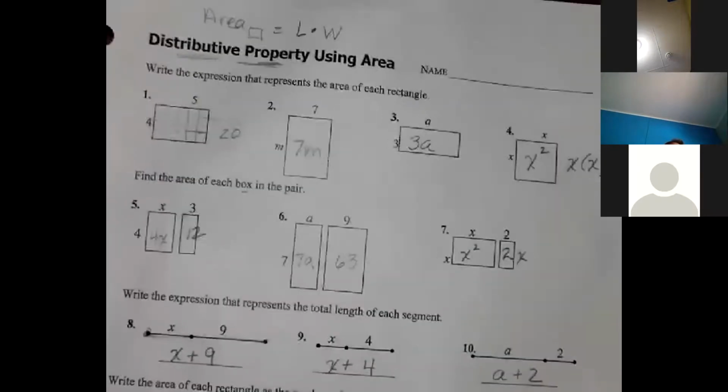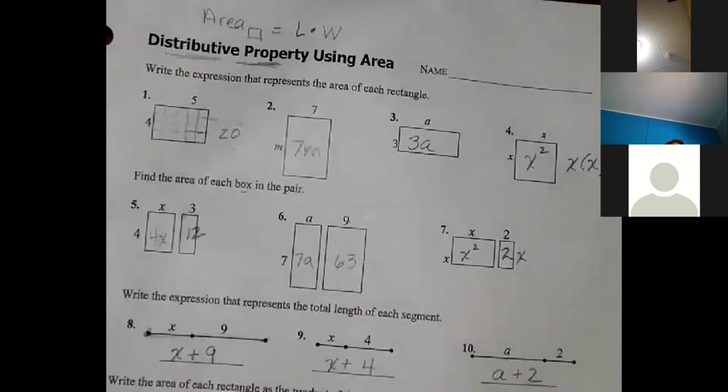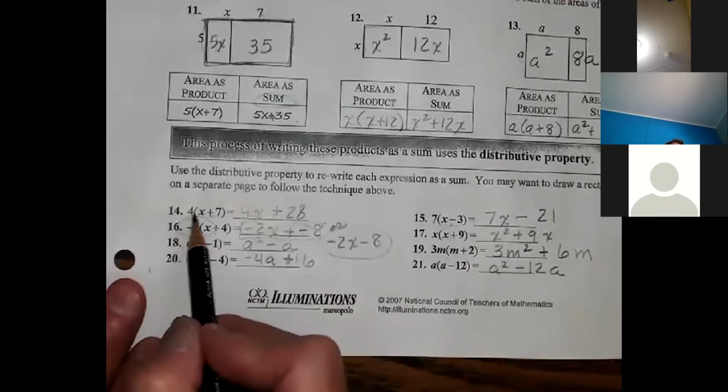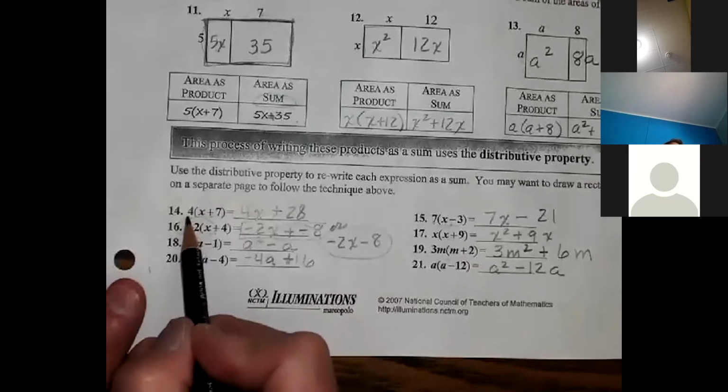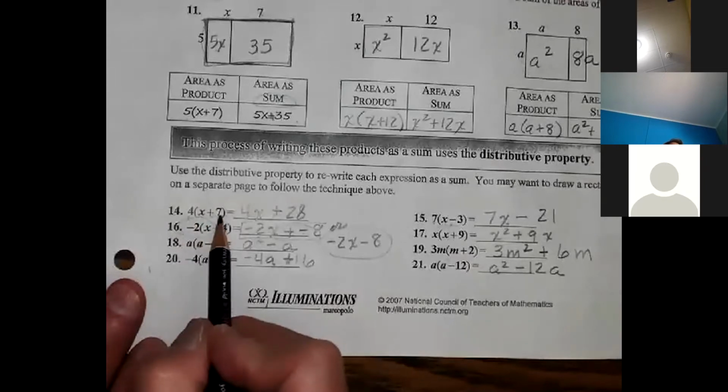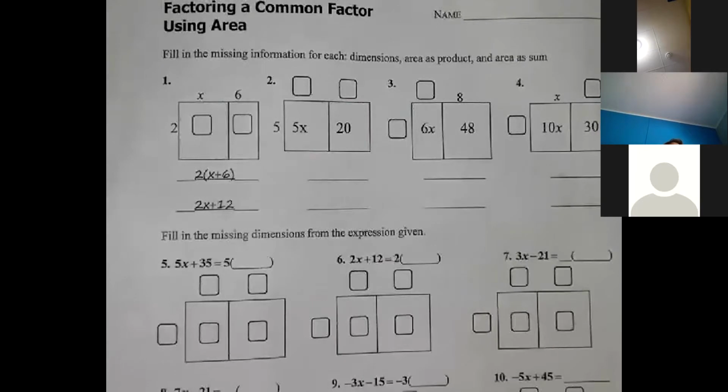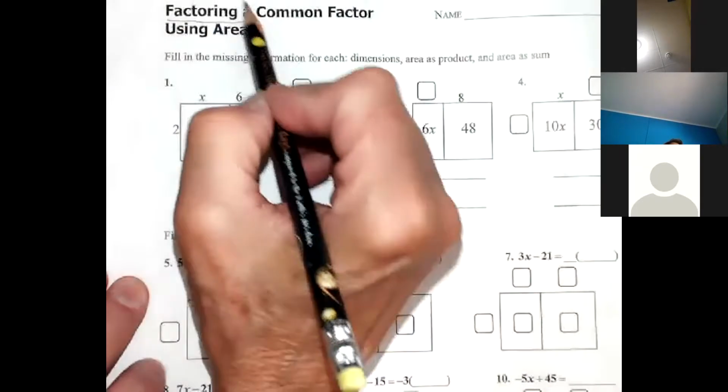Okay, so what we've done so far is just this thing called the distributive property, and it's where we're distributing, or passing out, this multiplication. So we passed out multiplication to the x, and we passed it out to the 7. Let's look at the other side now. So now this one is called factoring.